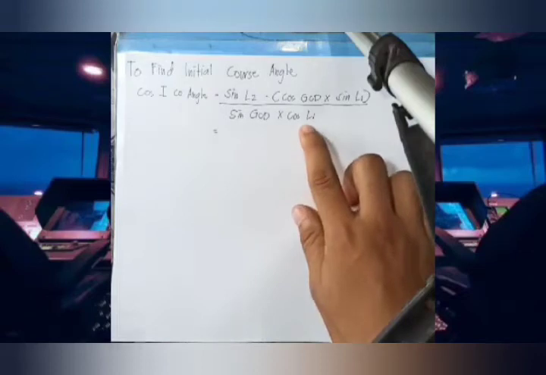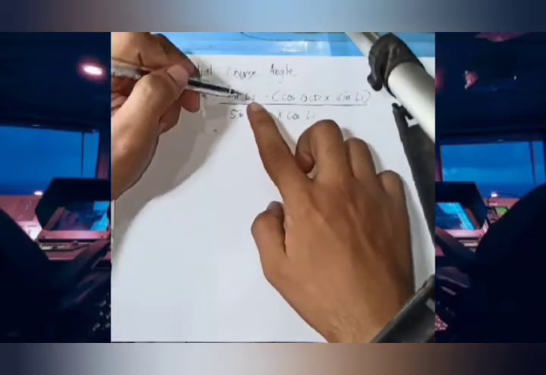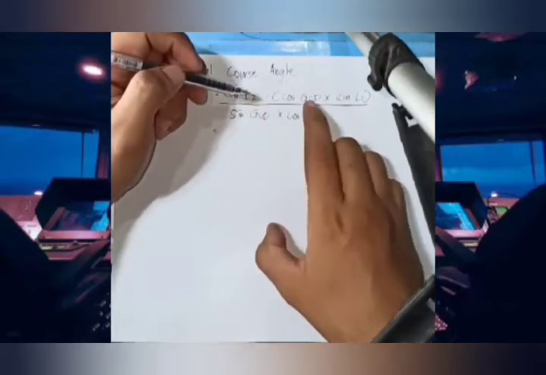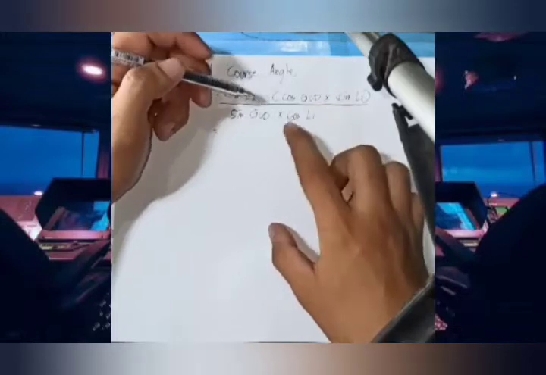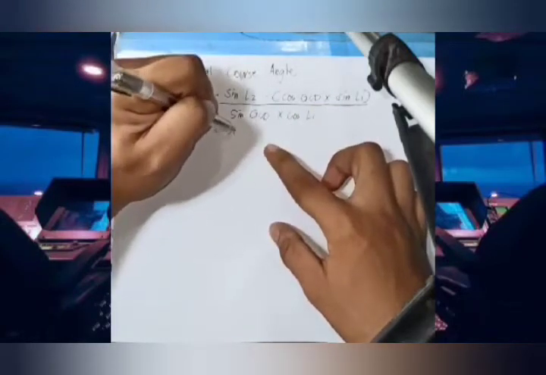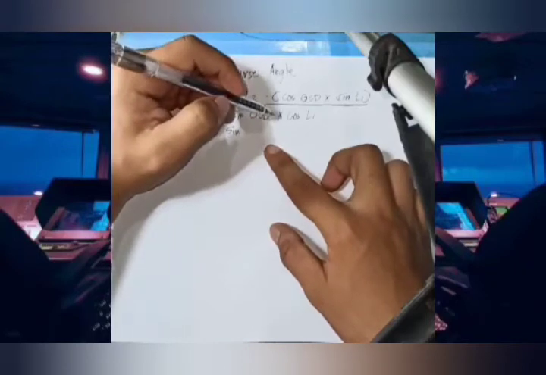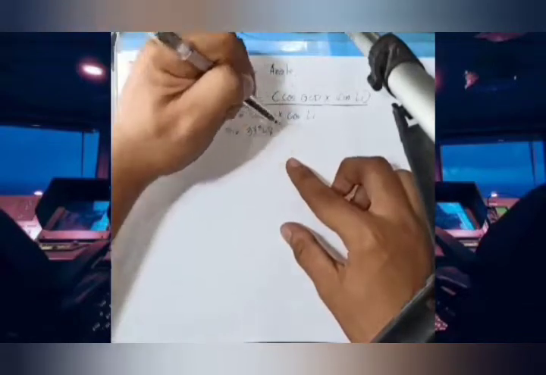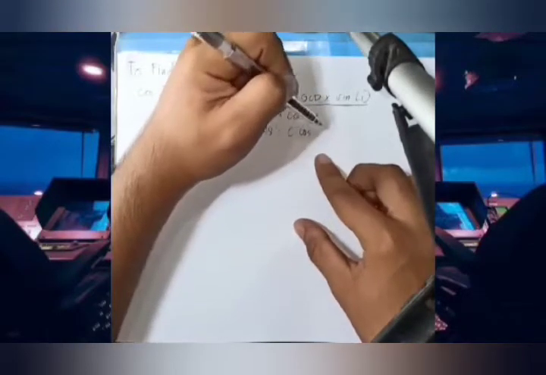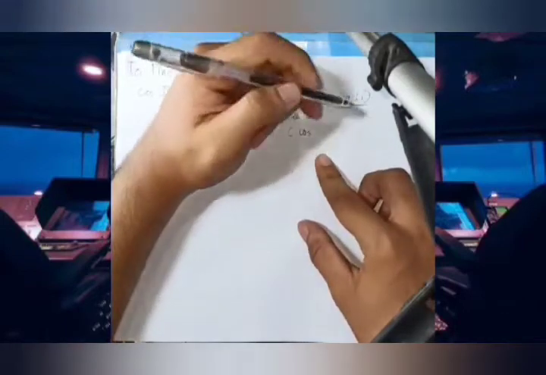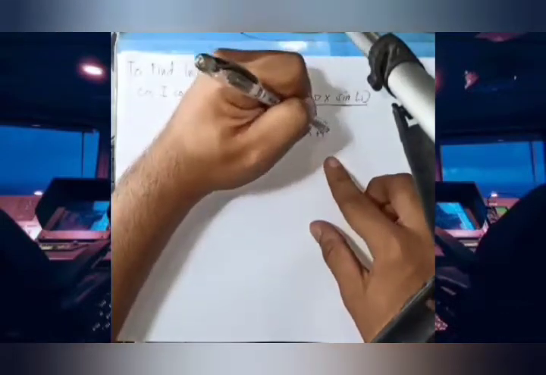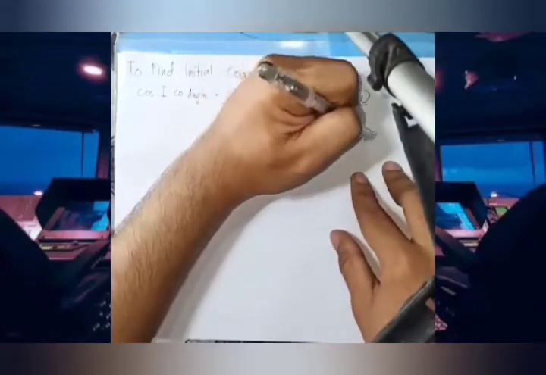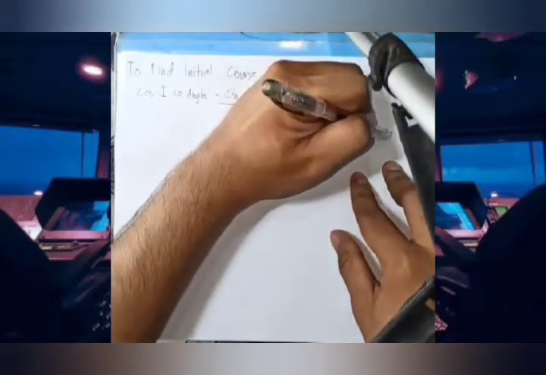Next, we need to substitute the latitude 2, GCD, and the latitude 1. So our latitude 2 is 37 degrees and 48 minutes, minus the cosine of our great circle distance, which is 74 degrees and 35 minutes, times our latitude 1, which is 35 degrees and 27 minutes.